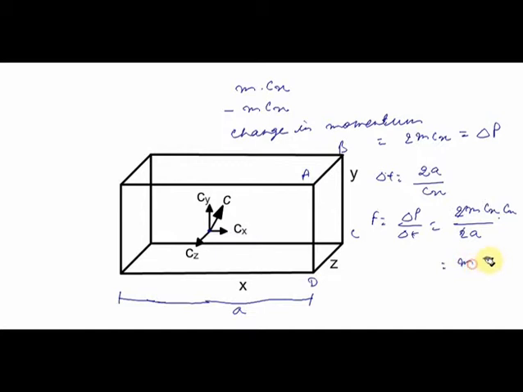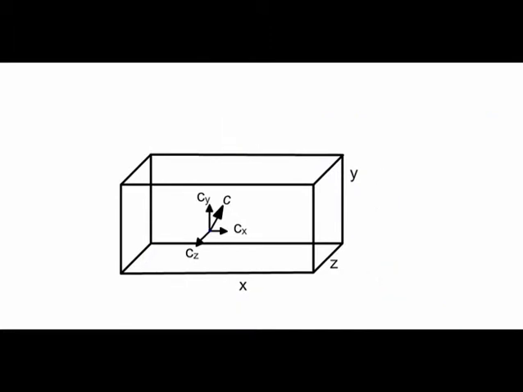So the average force is mCx square by a, where a is the length of this container, and let's say that b is the width of this container and c is the height of this container. So the average force exerted by a gas molecule due to the collision with the given wall is mCx square by a.